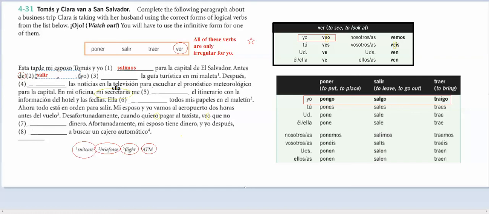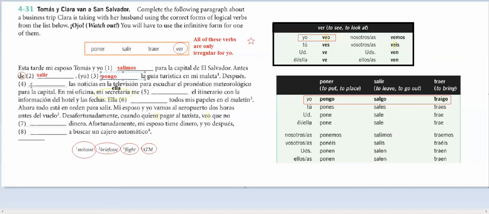Before leaving, I something the tour guide in my suitcase. I probably put it, right? So I'm going to put poner here. And it's irregular in the yo, so I would put pongo. Before leaving, I put the tour brochure in my suitcase.